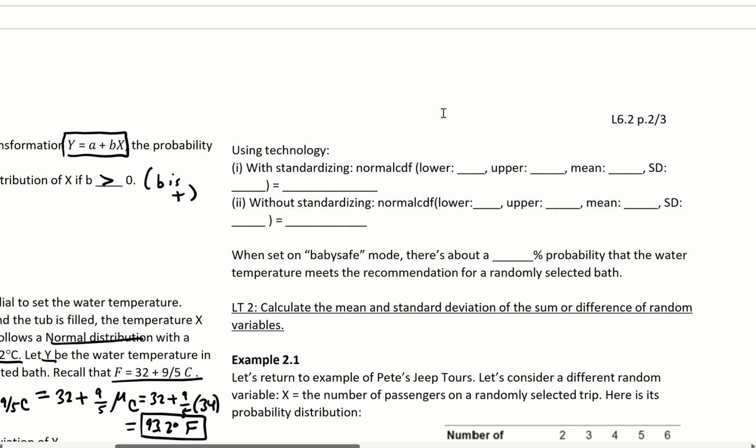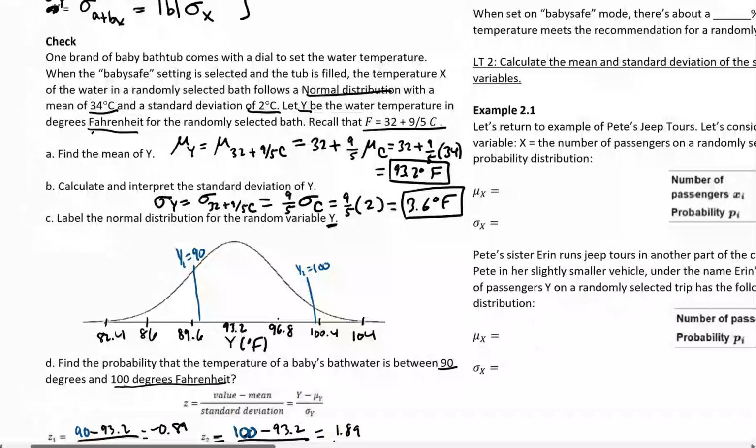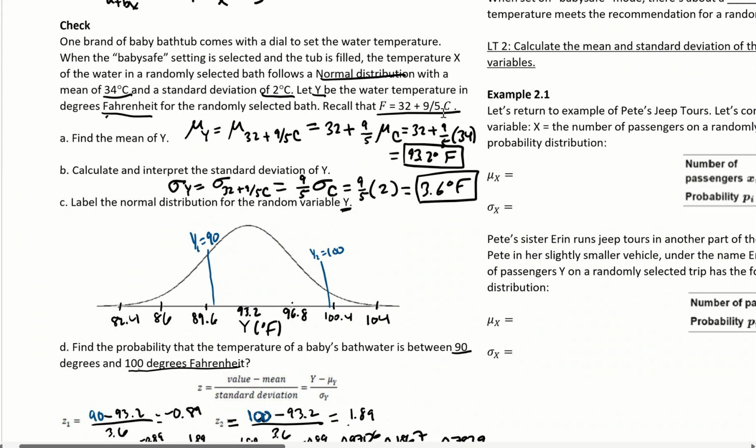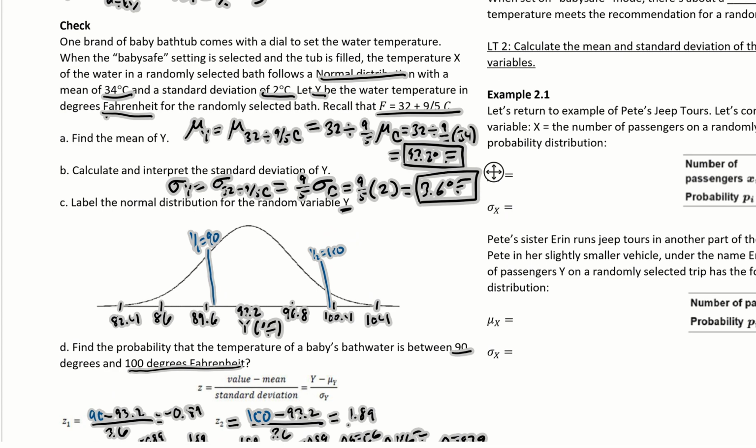There are a couple of ways to do it, with standardizing and without standardizing. Without standardizing means you're not doing the z-scores; you just plug in exactly what you have. Here you're doing between 90 and 100. I forgot to shade this, so let me do that.